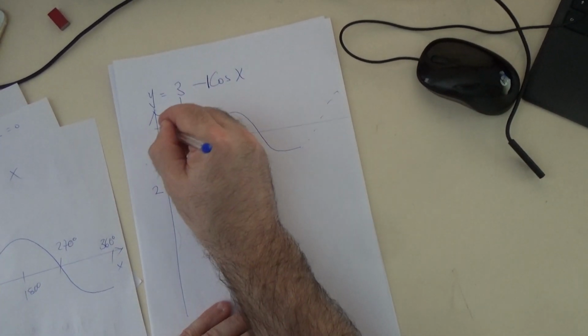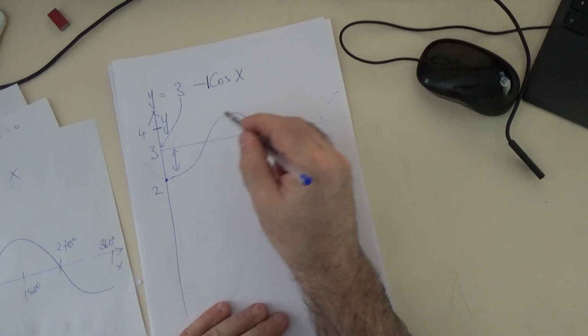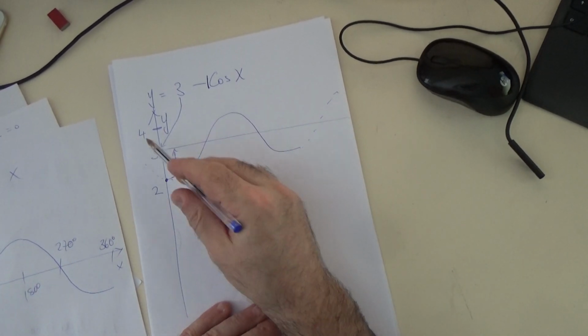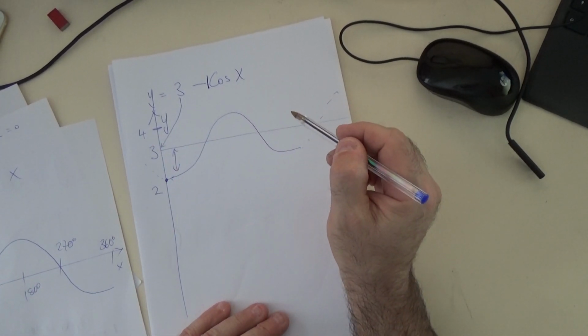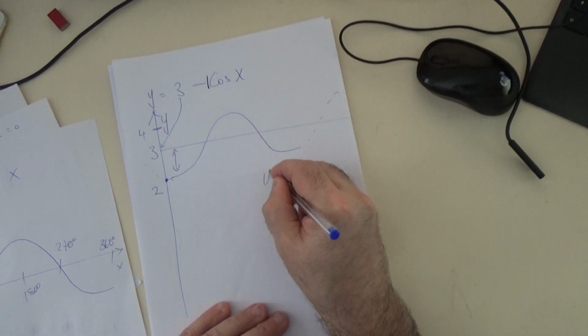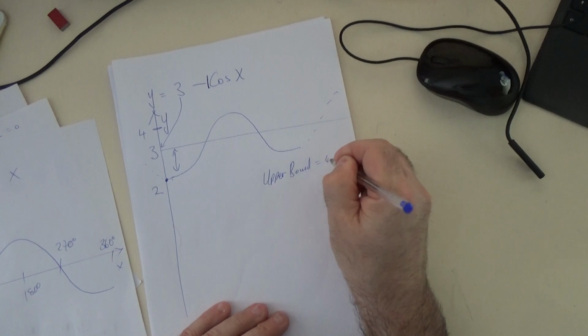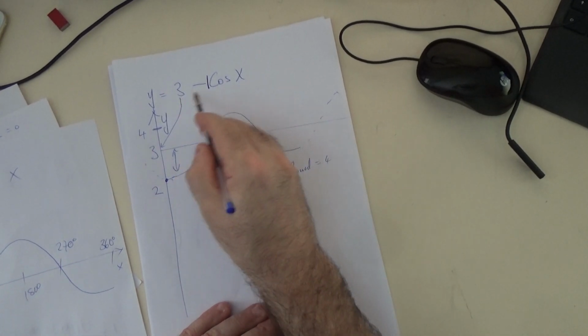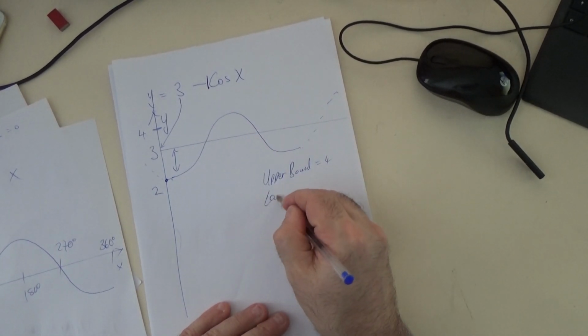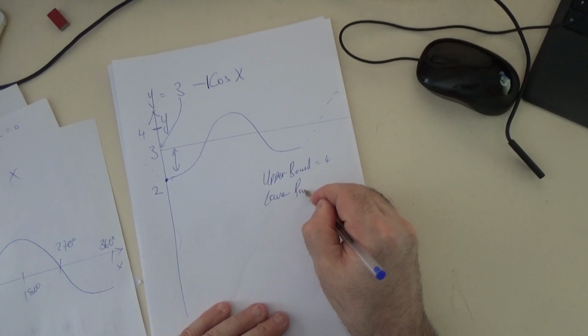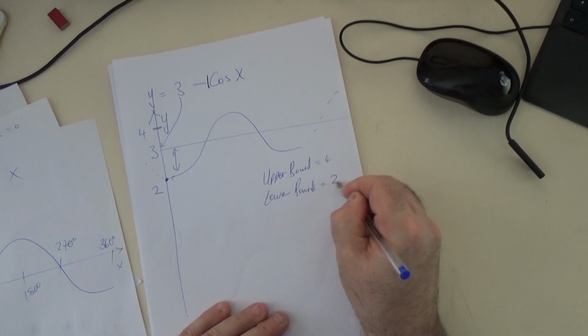And then up here is 4. So it oscillates up and down between 2 and 4. Okay, so the upper bound, which is 3 plus 1 by the way, the lower bound equals 2.